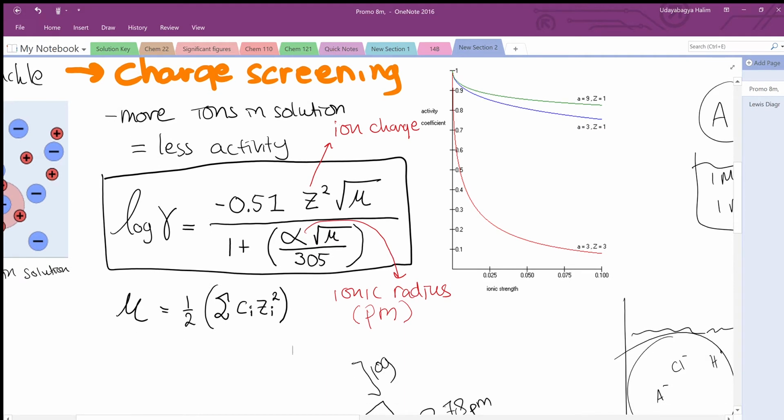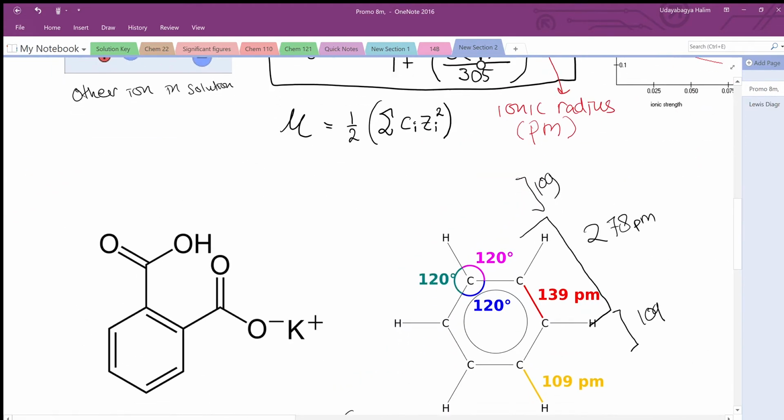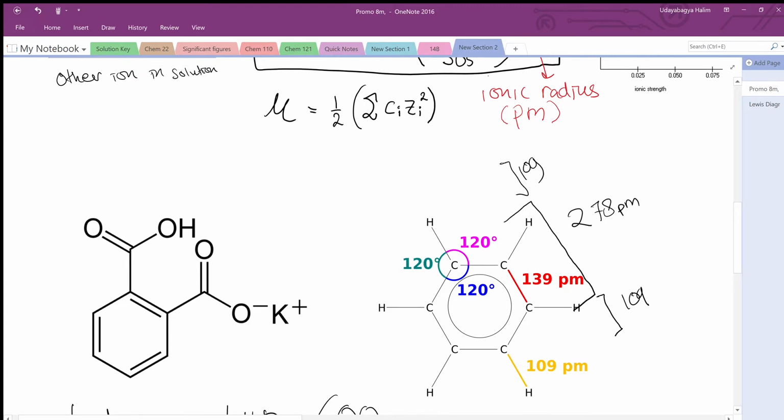The other thing I want to mention is that this log is log base 10, so you have to do 10 to the power of whatever it is to get the actual activity coefficient.